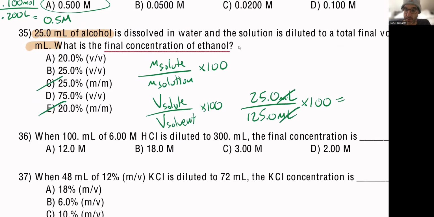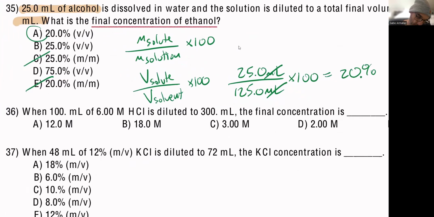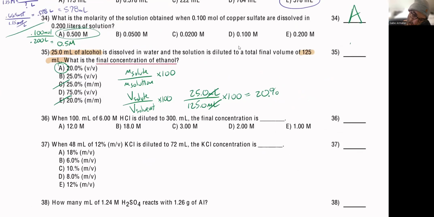Milliliters cancel. So as long as you're dividing those two properly, they're going to end up canceling anyway. So they should have the same unit times 100. So 25 divided by 125 gives me 0.2 times 100. So 20% by volume. So we're going to say that this is a 20% by volume.